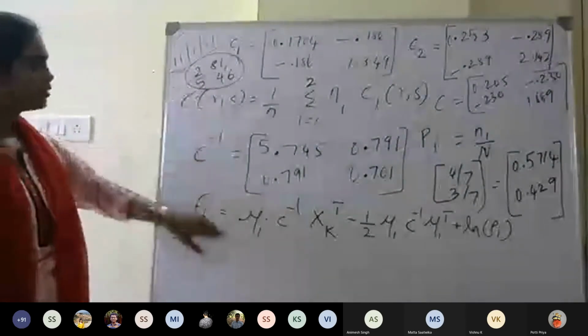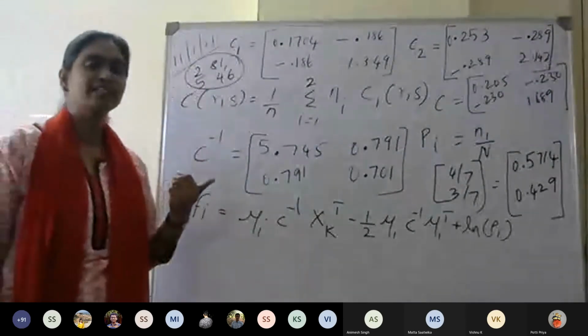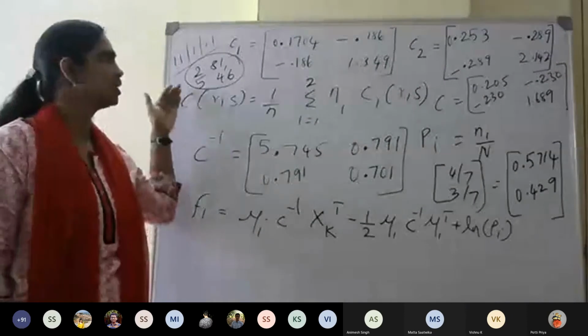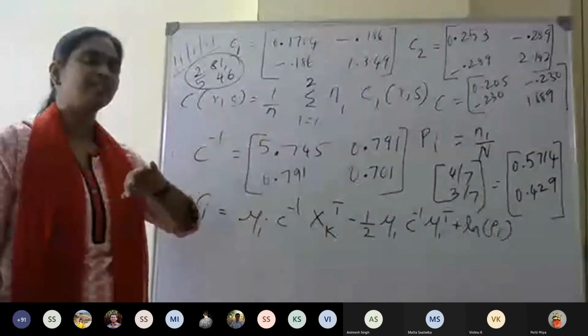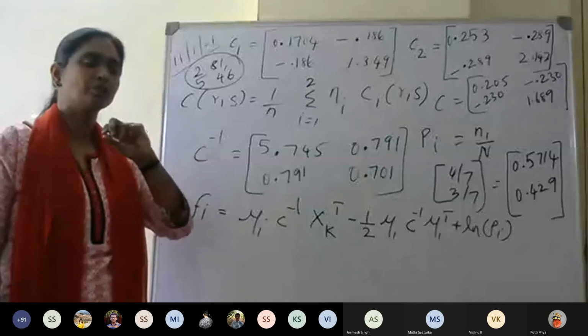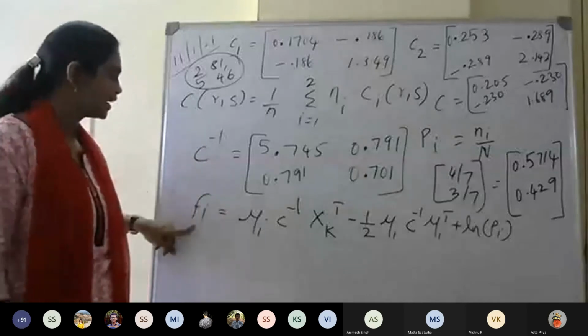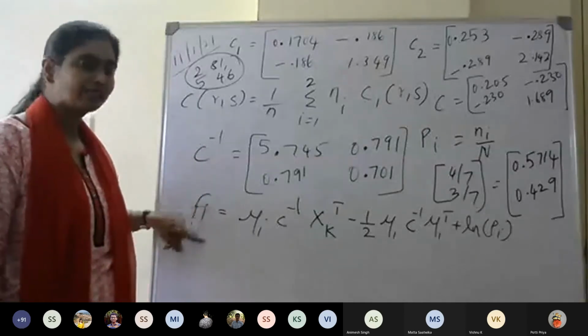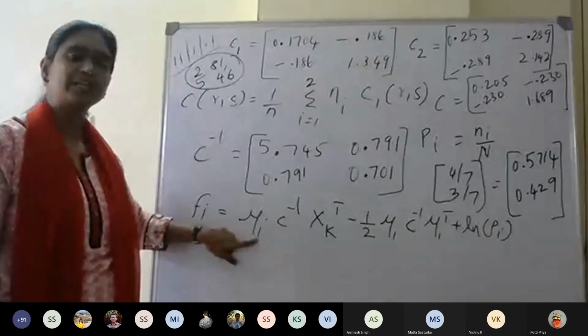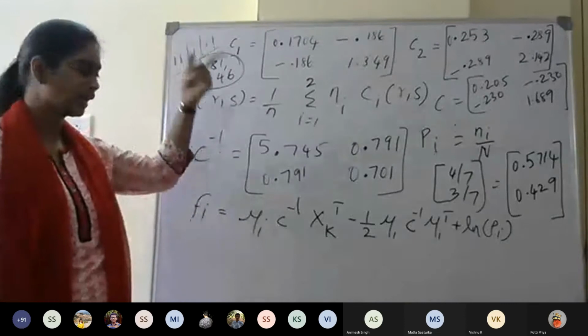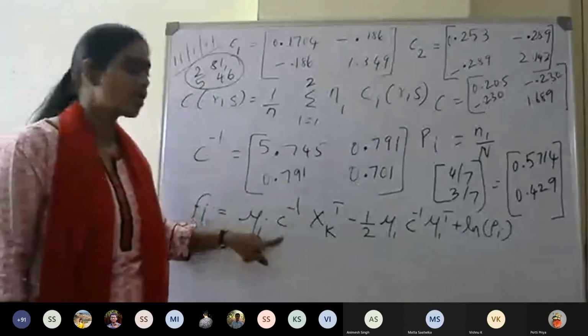First we have to find the likelihood of this particular object belonging to class 1, then the likelihood that it belongs to class 2. For that, you write f1 for class 1 and then mu1, the class mean that was calculated initially. C inverse is common.